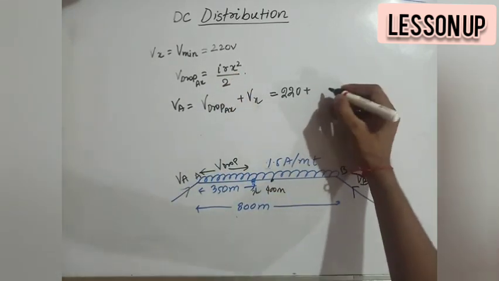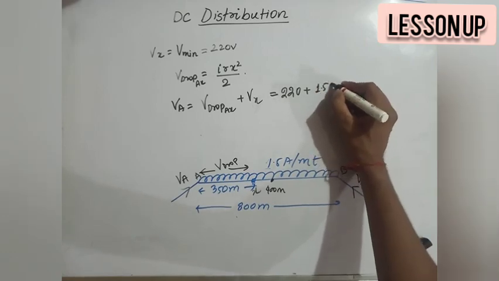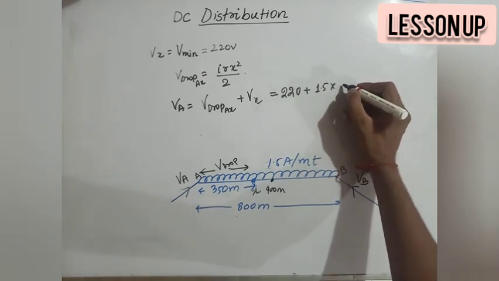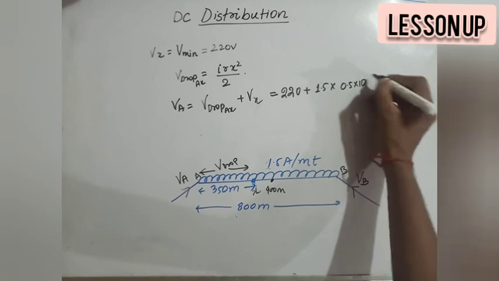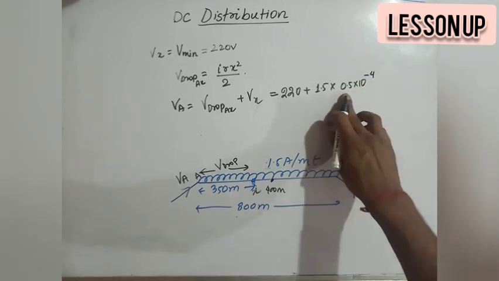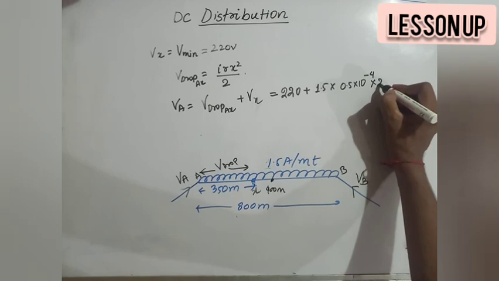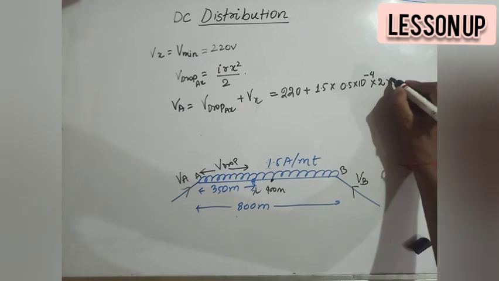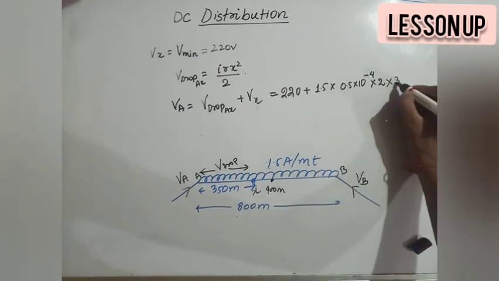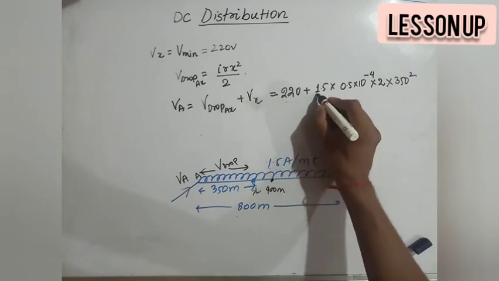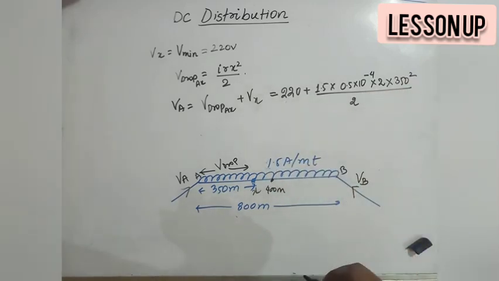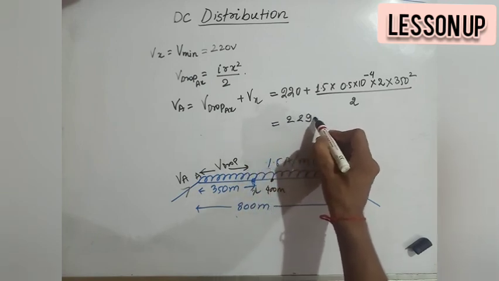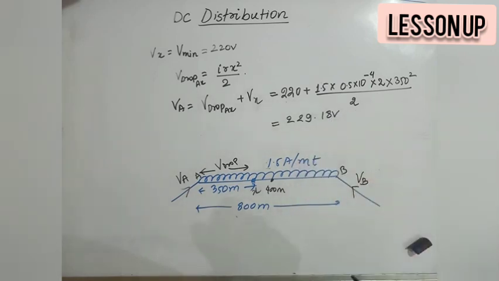So I is 1.5 into, what is the resistance? Resistance is 0.5 into 10 to power minus 4. Since this is resistance per conductor, we need to multiply resistance by 2, because there will be 2 conductors, one going and another returning, into x square, that is 350 meter square, divided by 2. We will get 229.18 volt.